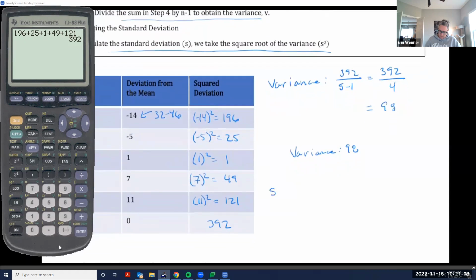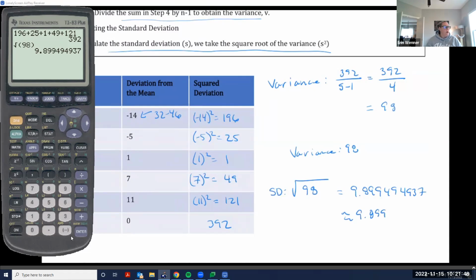So the standard deviation is the square root of 98, which gives us 9.899494937, which we are going to round to 9.899. In your homework, it's going to tell you how many decimal places to round to.